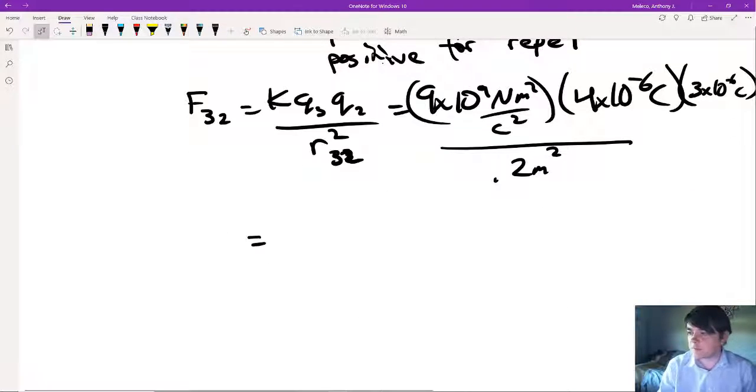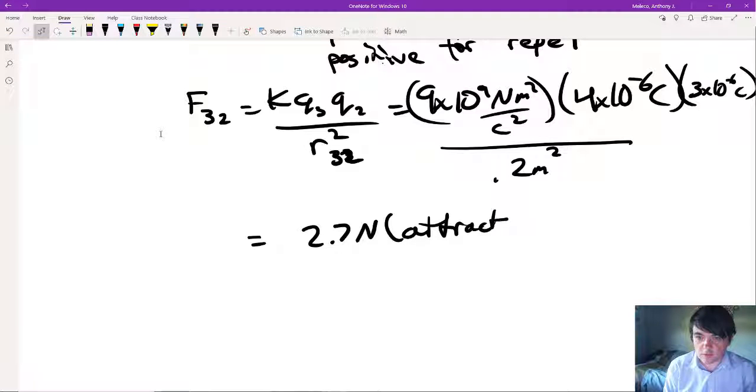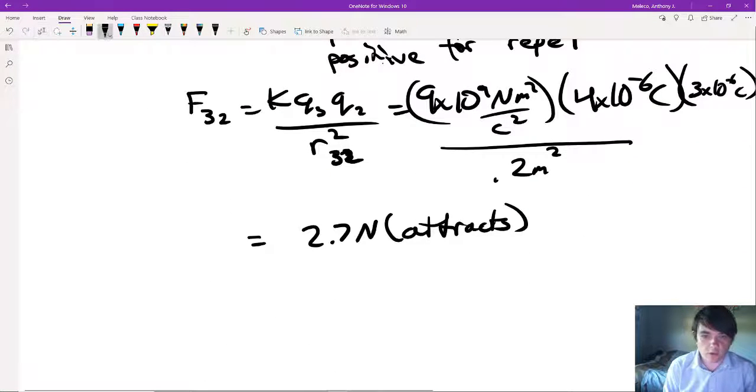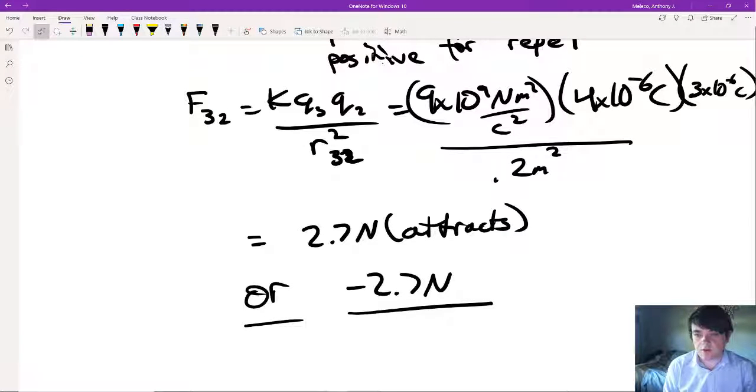So you plug in those numbers, and you get 2.7 newtons attracts. And remember, I said attract because I did it up here, right? You can also say negative 2.7 newtons, okay? And that's because it attracts.